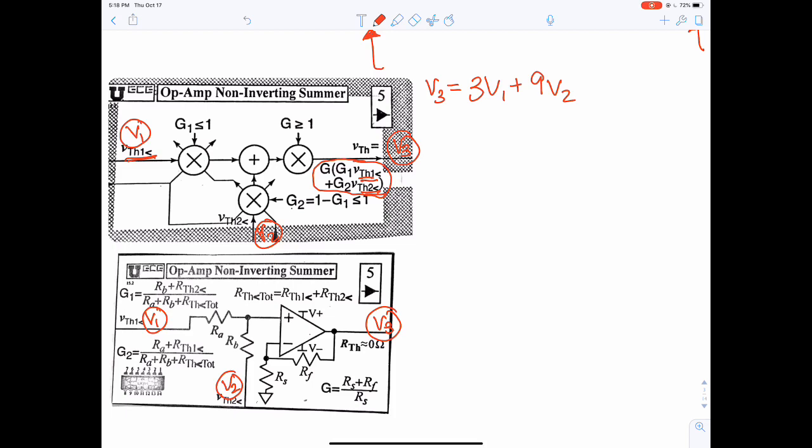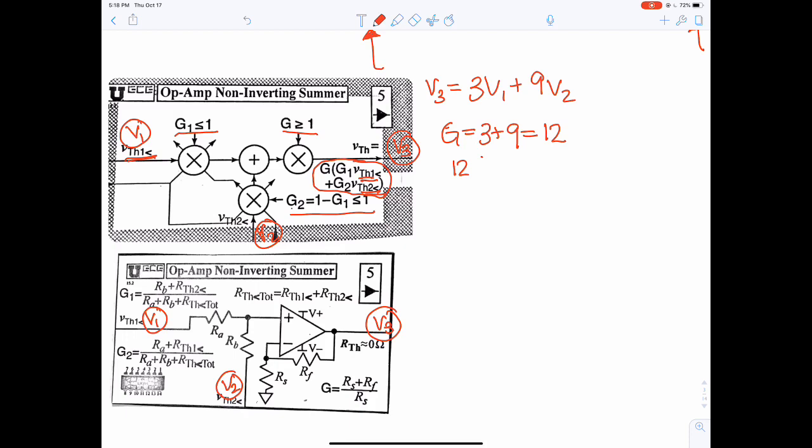So we say, can we achieve G, G1, and G2 values that would achieve 3V1 plus 9V2? We see that G1 and G2 have to be less than 1. That's what this says right here. And that G has to be greater than or equal to 1. So a way we could say it is that if we sum up the coefficients, that would give us 12.